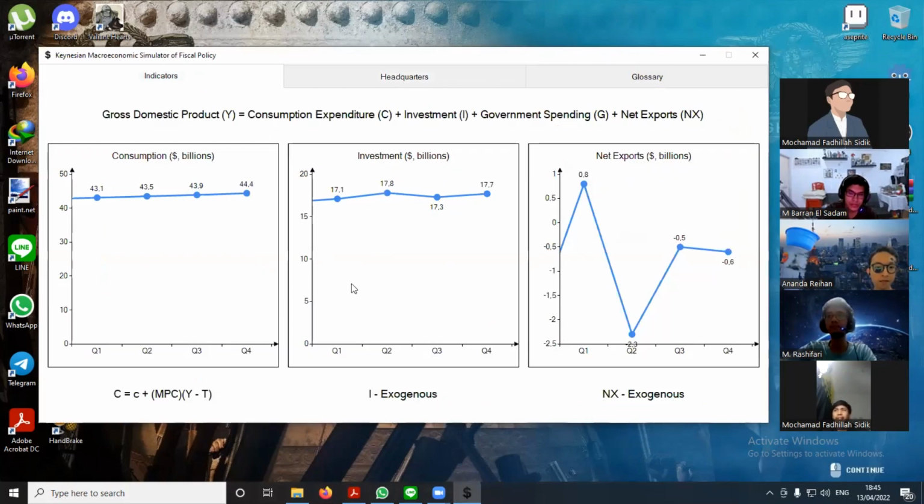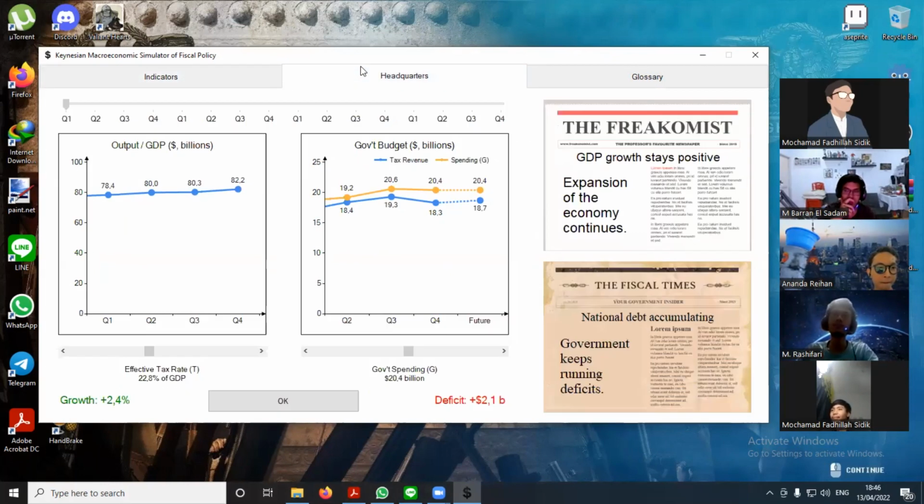Actually, you know what, before I start explaining, do you have anything to ask, or some things you'd like to clarify? One by one, please. Rehan, you can go first. I think maybe Akang Sidik can tell us first what this graphic is about, because we haven't learned it in our school yet.